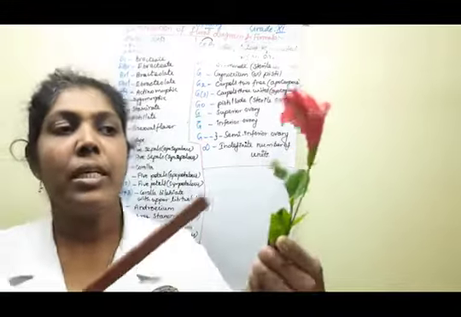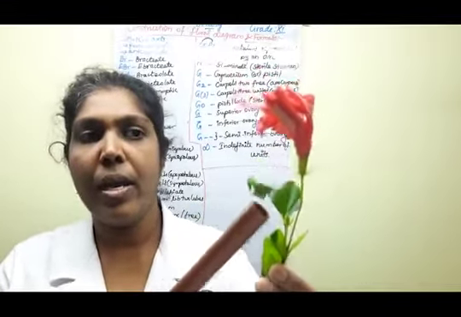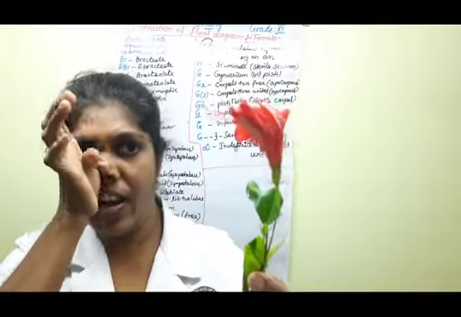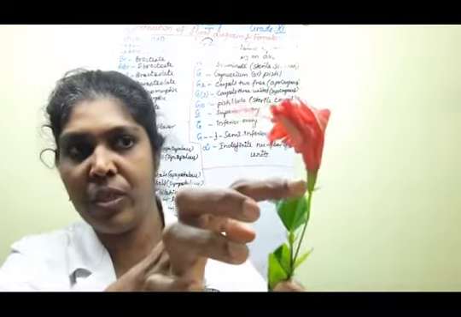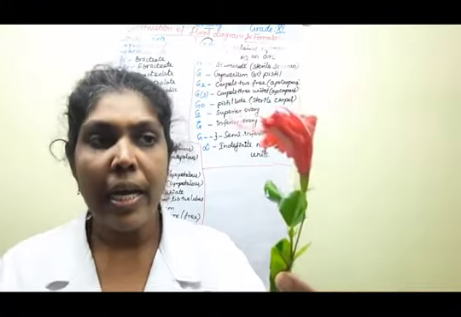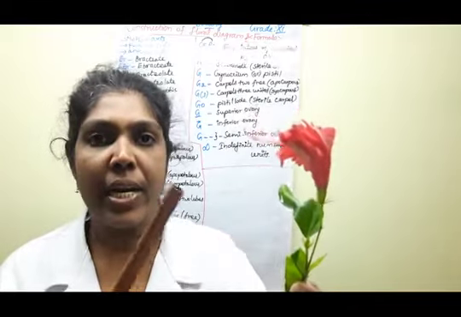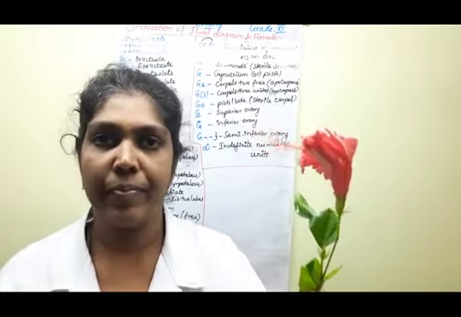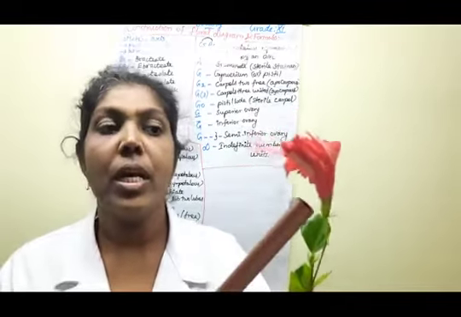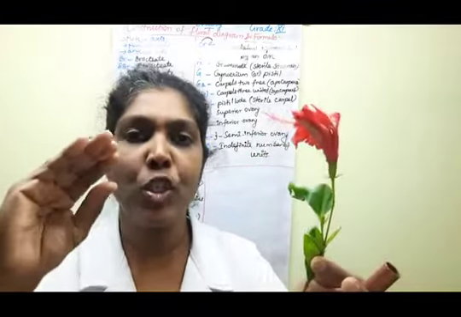Calyx means the outer whorl, the green leaf-like part. Understood? This calyx whorl, we denote with the letter K. Clear, children? The next one: how many sepals are present?